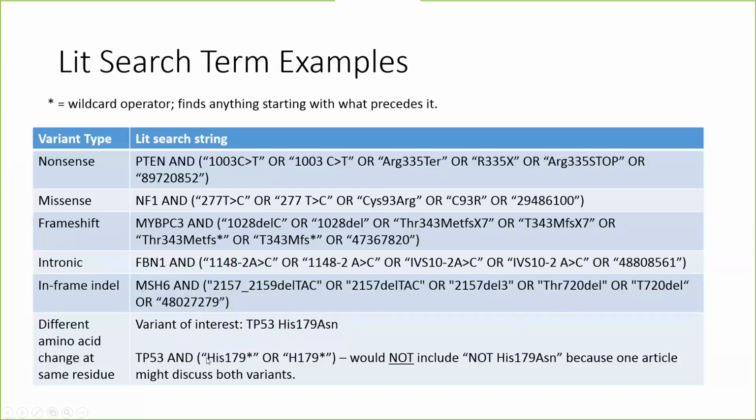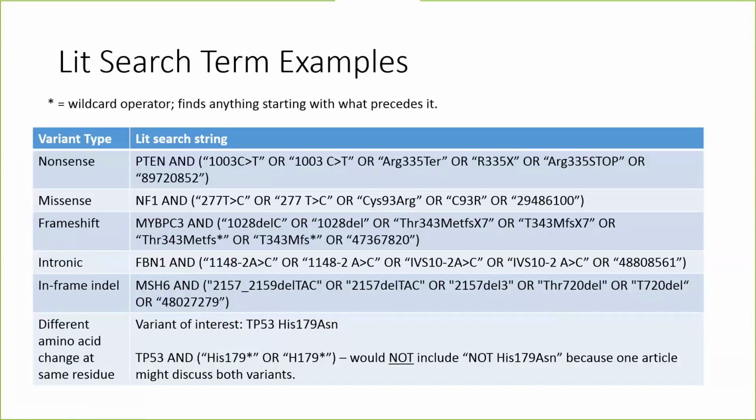So this is one where you might be able to use that wildcard operator, saying TP53 and his 179 asterisk, to find you any change that occurs at this residue position. You might think to yourself, would it be smart to also include, with a NOT, the one that you're looking for in the string, because you've already looked and you didn't find anything?